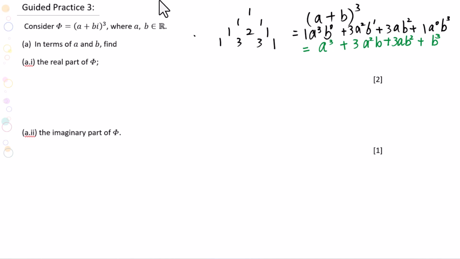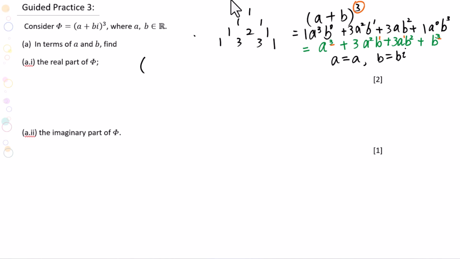Check the exponents. The sum of the exponents for each term should be 3. 3. 2 plus 1 is 3. 1 plus 2 is 3. 3. Then we will put a equals a and b equals bi.